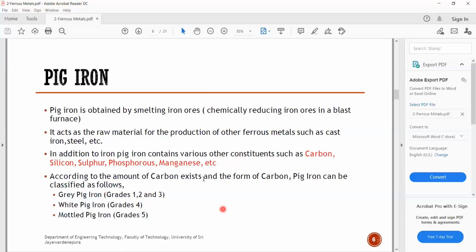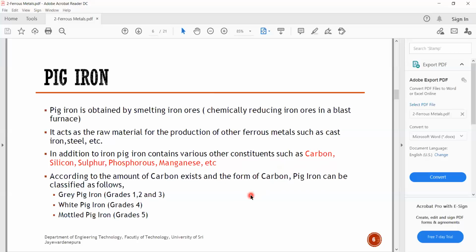Then another thing: it can be classified into three types, right? How can you classify this pig iron? Because this pig iron has impurities as constituents, one of them is carbon.